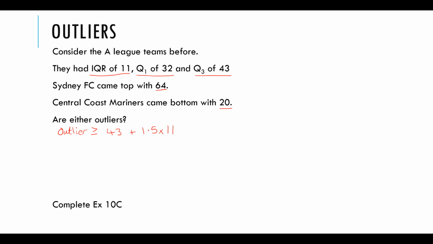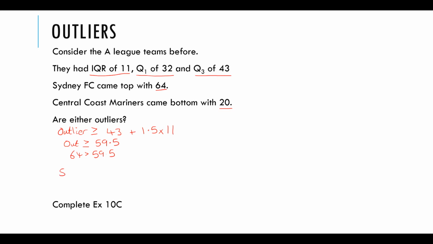Work this out, and what you'll find is that the outlier is greater than or equal to 59.5. So any score, any total amount of points at the end of the season, that was greater than 59.5 would count as an outlier. So 64 is greater than 59.5.